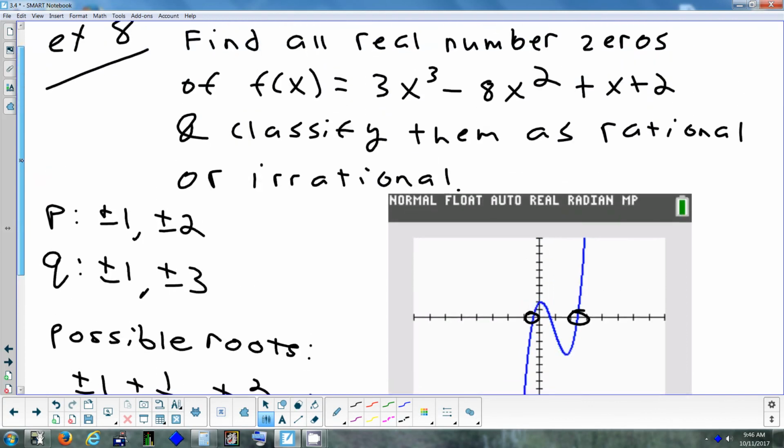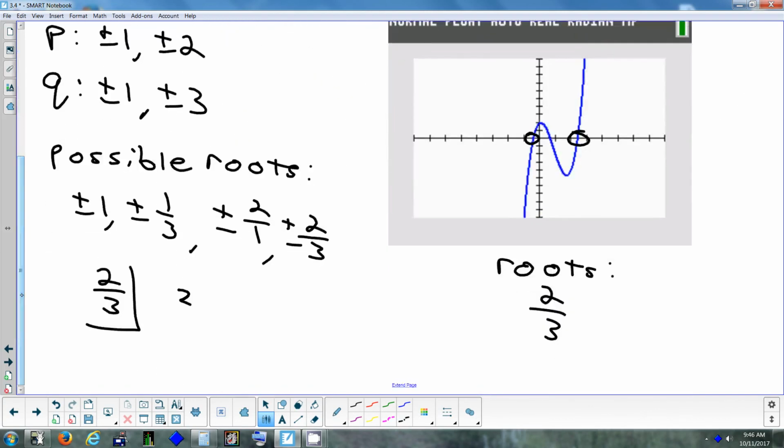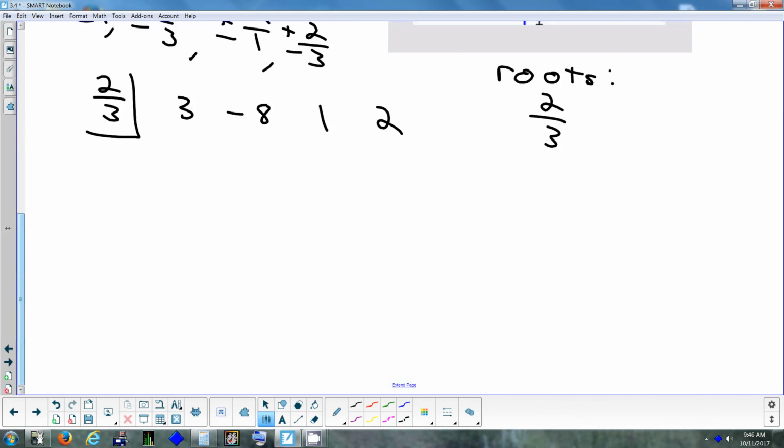So we've got 3, negative 8, 1, 2. Okay, so bring down the 3. What's 2/3 times 3? Jane? 2.